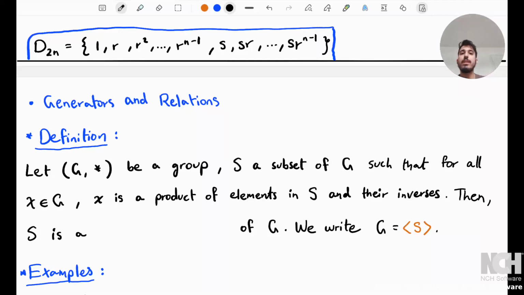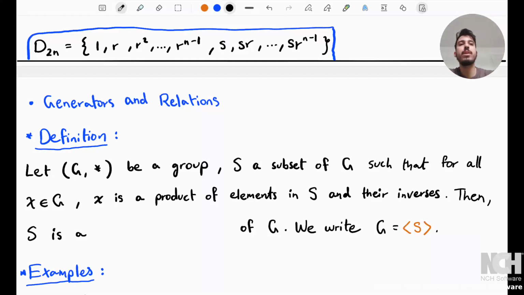So a definition: let G be a group, let S be some subset of G, such that for all X in G, X is a product of elements in S and their inverses. So any element in G can be generated by the elements in S and their inverses.